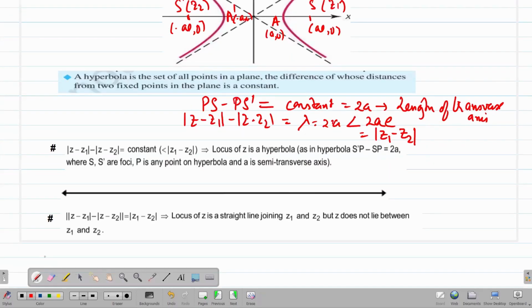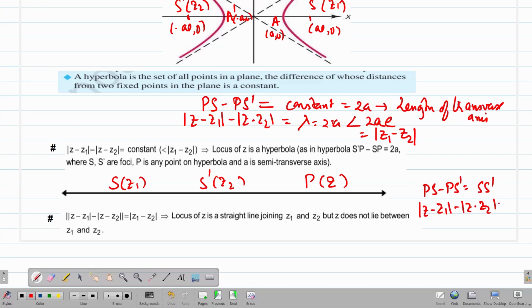But further, if S is z1, S' is z2, and P is z, and I express this in terms of complex numbers, then in this case PS minus PS' is SS', that is |z - z1| - |z - z2| = |z1 - z2|.